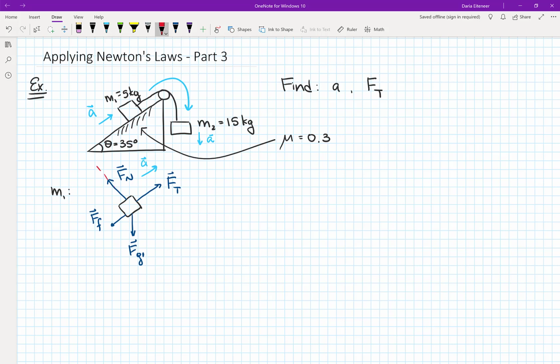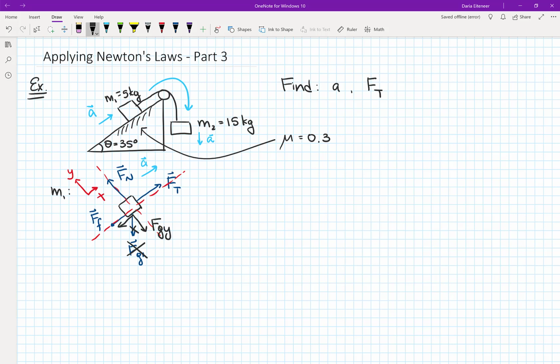We also talked about how in this case it's convenient to define coordinate plane in such a way that the x-axis, the positive x-axis, is in the direction of acceleration. Y is obviously perpendicular to that. And during the last set of lecture notes, we also learned how to break up this force of gravity into components.